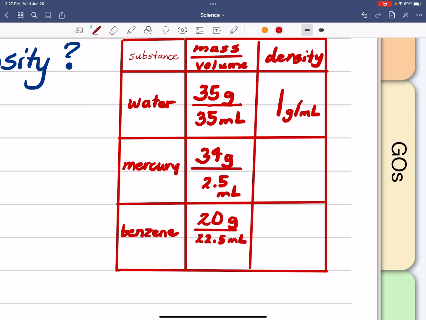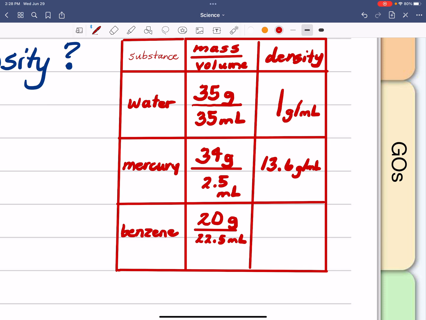All right, so let's do using our calculator, and I'll tell you exactly how to type it in. Let me get to mine. We're going to do clear, all clear, then 34 divided by 2.5 is 13.6 grams per milliliter.